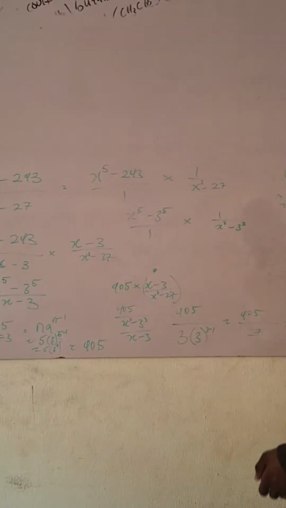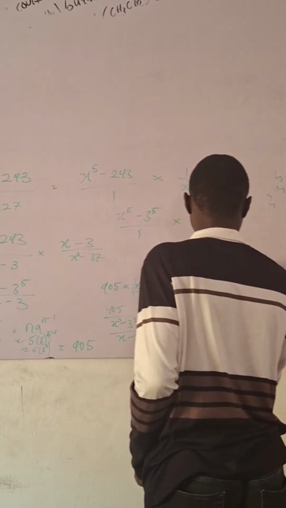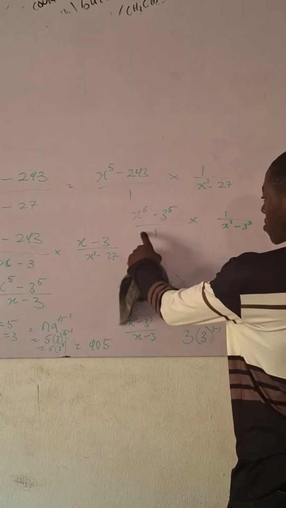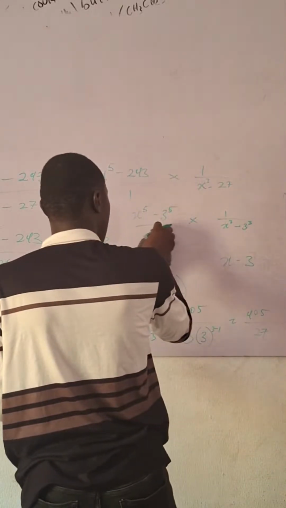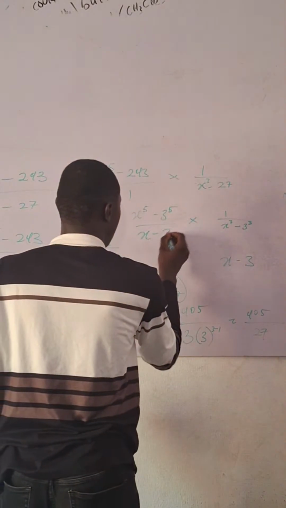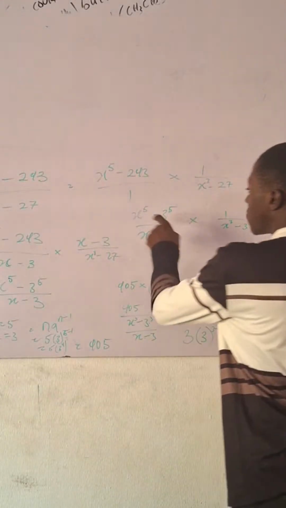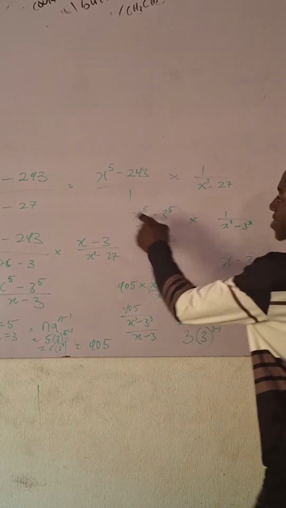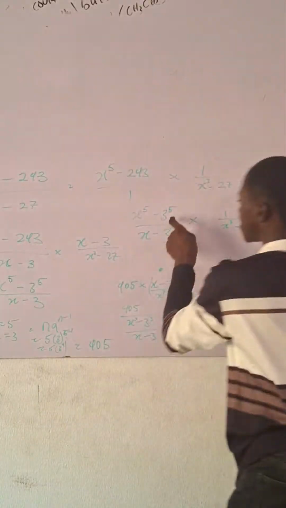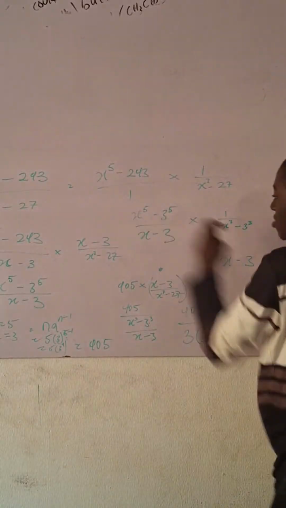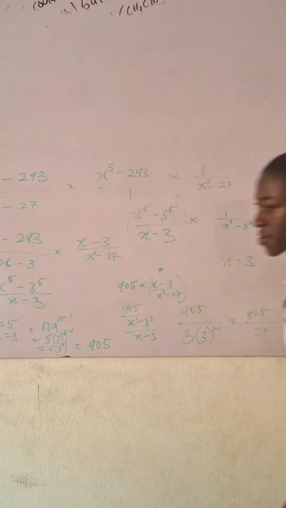I can write x minus 3, so that once this denominator changes from 1 to x minus 3, I can use this formula because it already resembles it. In this case, x is x, a is 3, and n is 5. So I can use the formula for this first one.